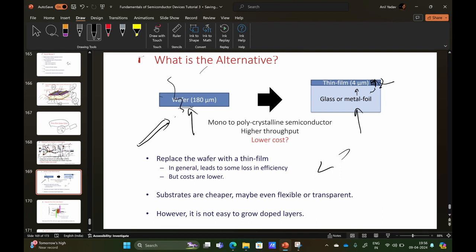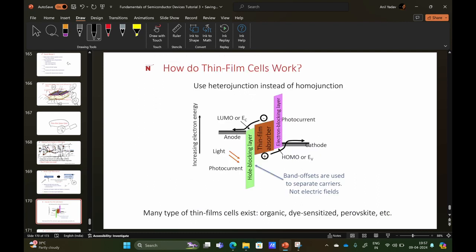We are not going towards the organic now, but just think of inorganic solar cells. There are some solar cells like CIGS, and there are other solar cells also. In these thin film solar cells, how it works is there is a very thin film of the absorber layer, which absorbs the solar spectrum.